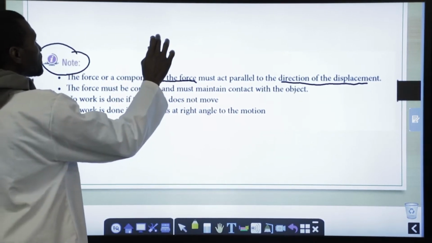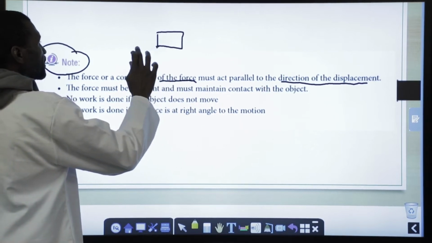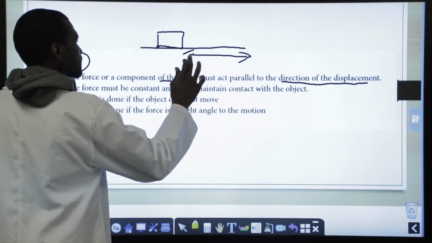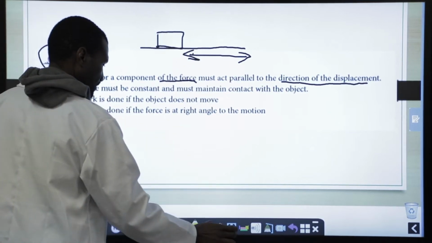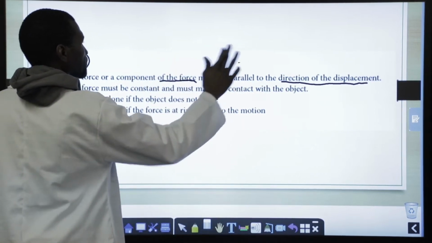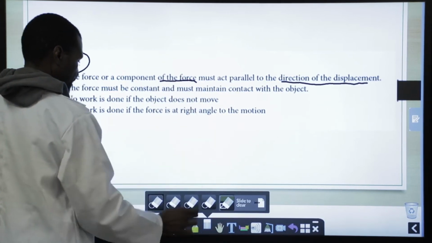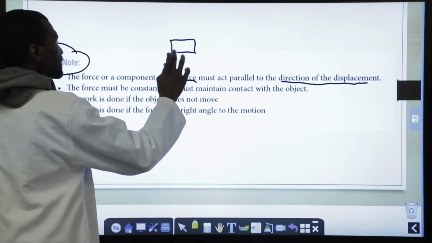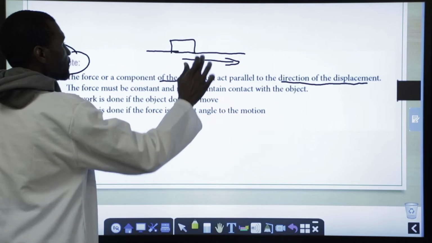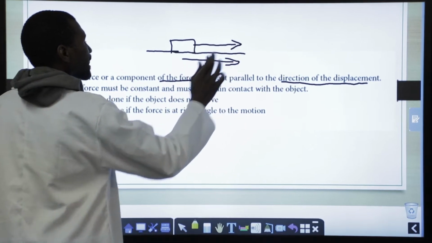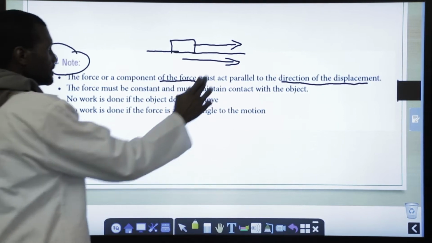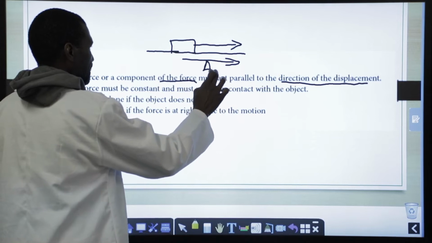So in other words, if the object is moving in this direction, the force must act parallel to the direction of the displacement, which is change in x.